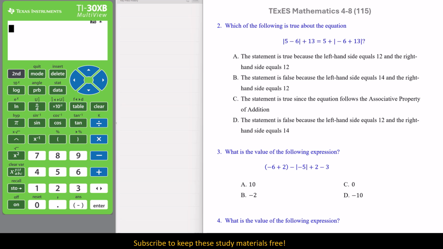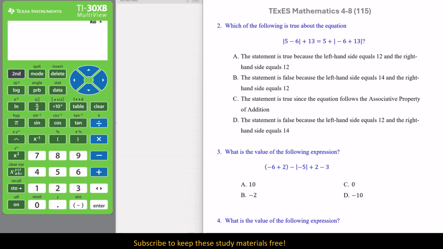Number 2, which one of the following is true about the equation? The absolute value of 5 minus 6, plus 13, equals 5 plus the absolute value of negative 6 plus 13.